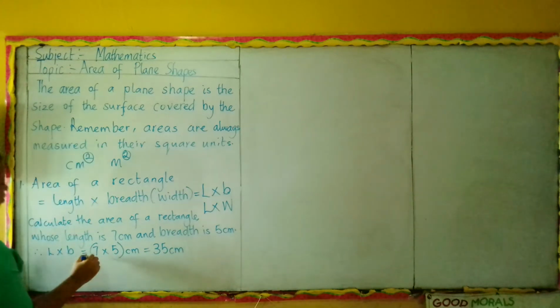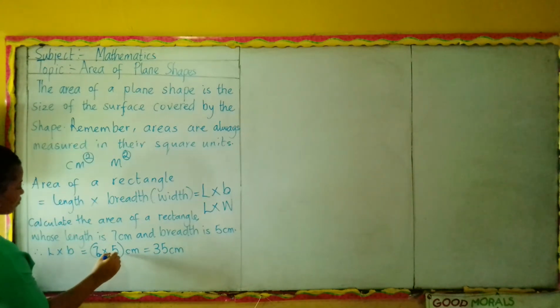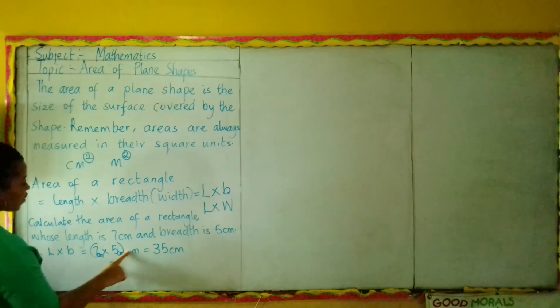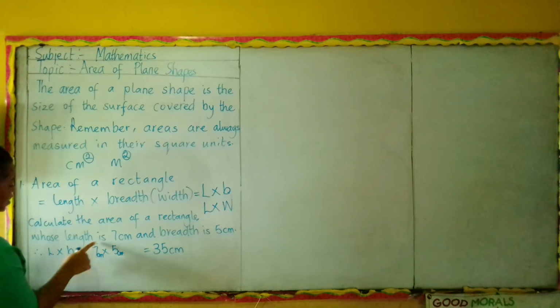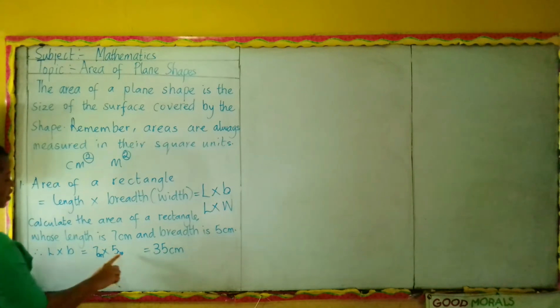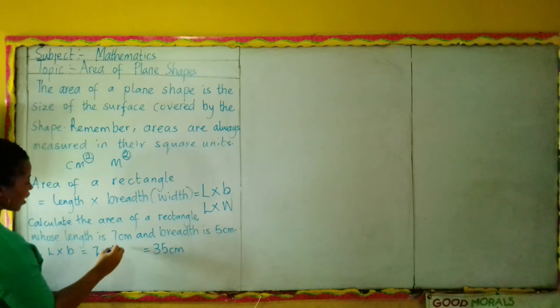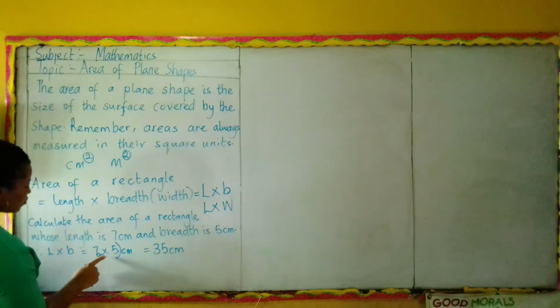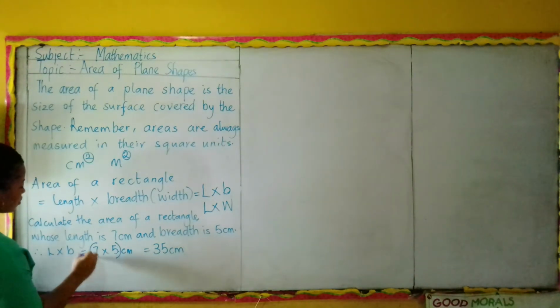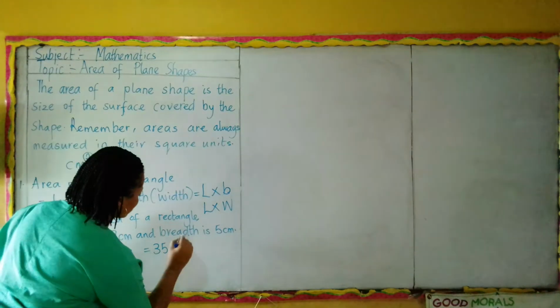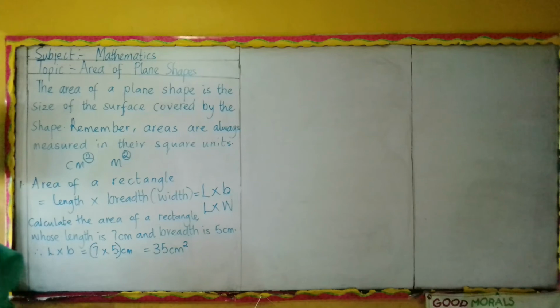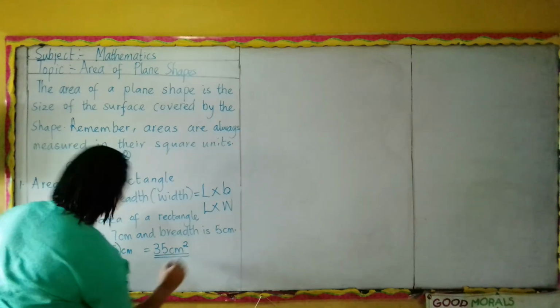Remember, I have 7 cm here and 5 cm here. So if I want to remove this, it's equally possible. If I want to take away the bracket, I can do it easily. But if I want to include my bracket, I can go ahead and do that. Remember, don't be confused. So the cm is in 2 places, so I'm going to write the power 2 there, and this is my answer.